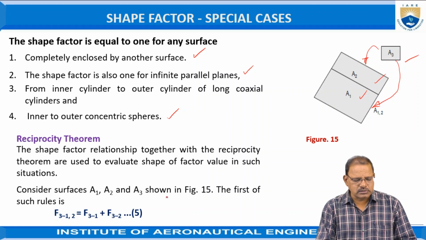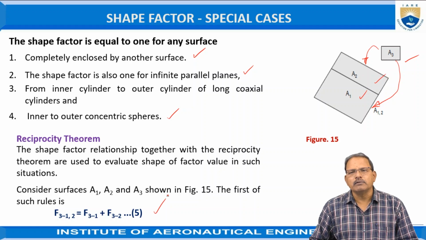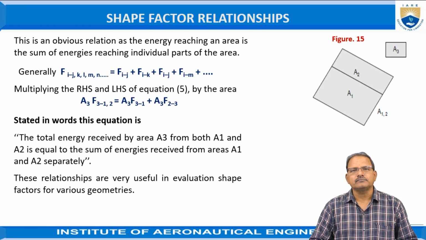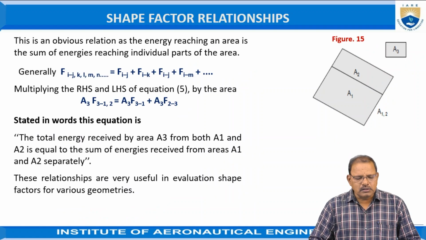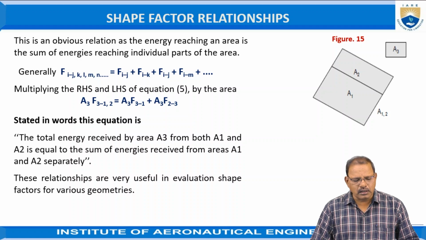This theorem is known as the reciprocity theorem, which is applicable for three objects: one is represented as A1, A2, another one is A3. This is an obvious relation as energy reaching an area is the sum of the energies reaching the individual parts of the area.